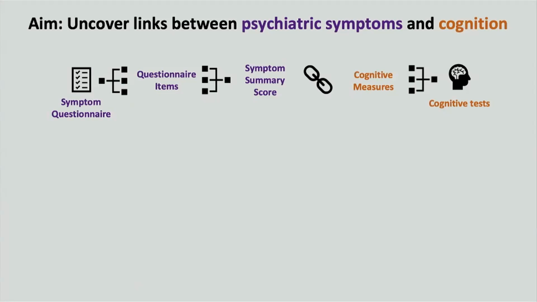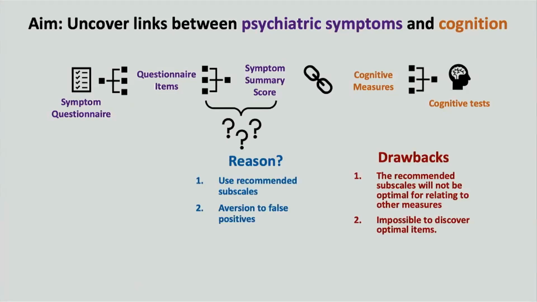Now, the main reason for using only a summary score or the recommended subscales is that people are afraid of getting false positive results because of multiple comparisons. But there are obviously drawbacks for this particular method.